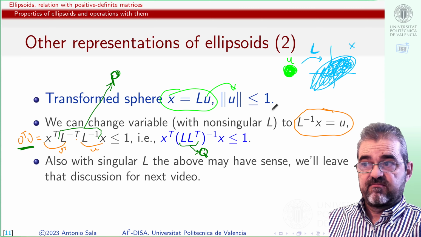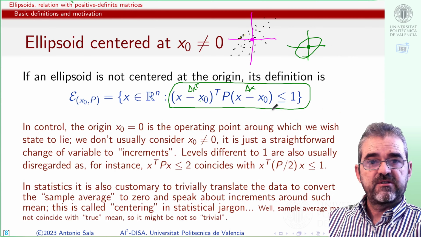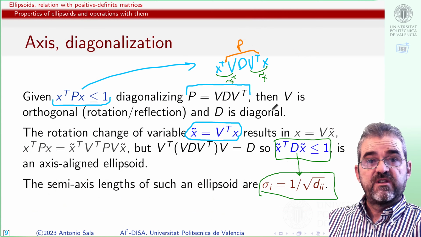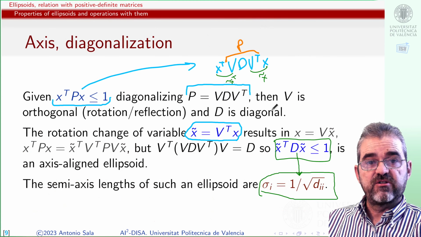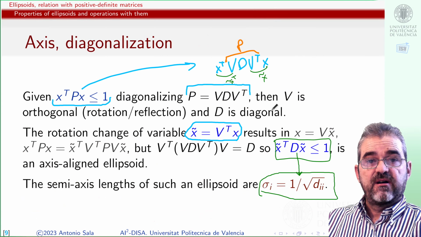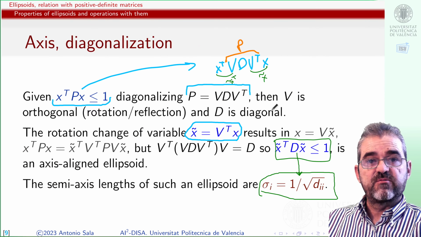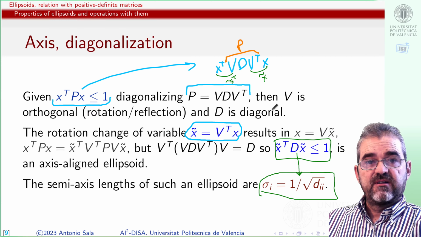Summarizing what we have said. First, it's kind of trivial to define ellipsoids whose center is not 0. Second, we discussed that diagonalization recovers the scaling of a circle to get an axis-aligned ellipsoid, and the rotation V. Scalings are related to eigenvalues, and rotation is related to eigenvectors.